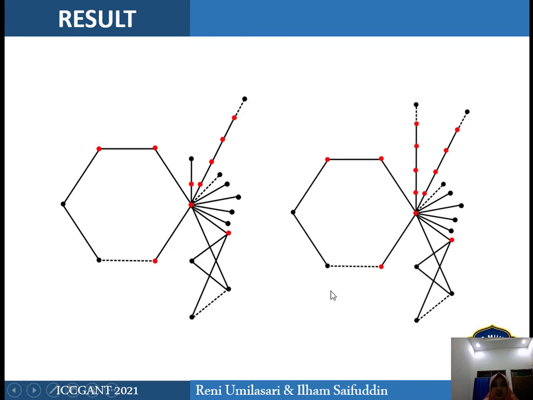This is another possibility of another figure.